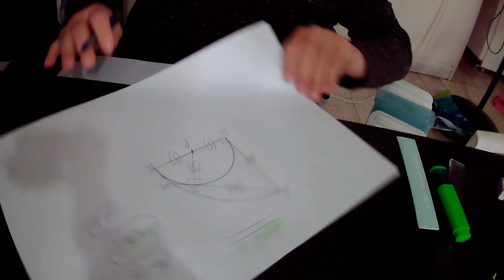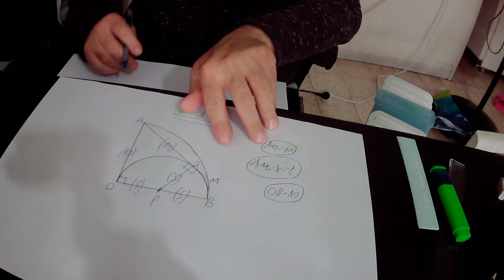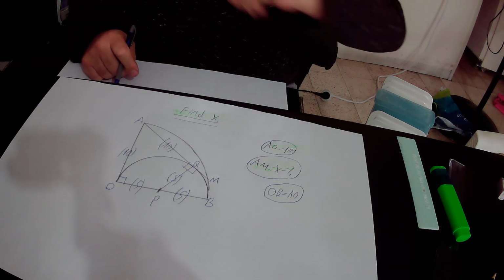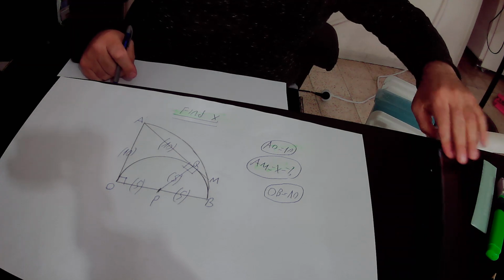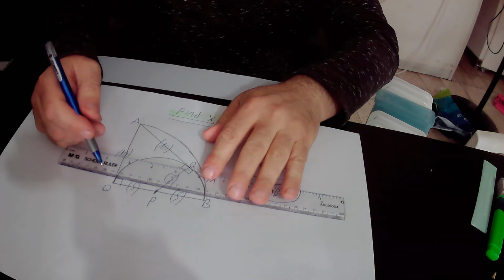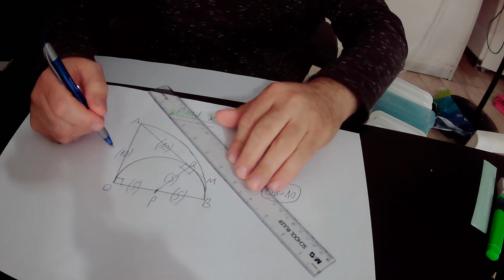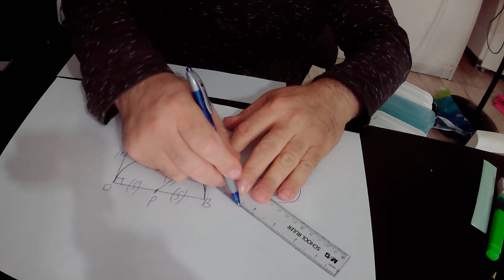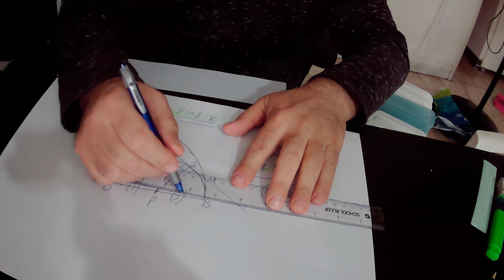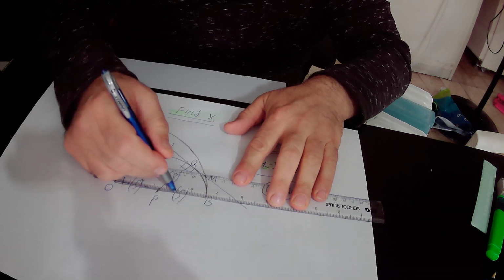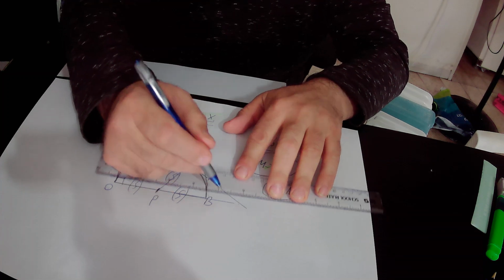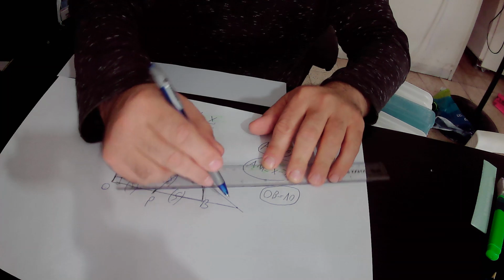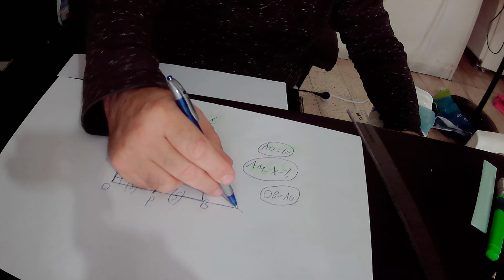In the next step, we extend line segment AM and line segment OB by side line until they touch each other. This point is their touching point.